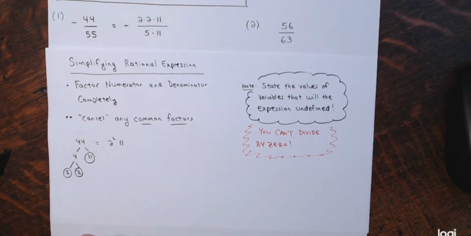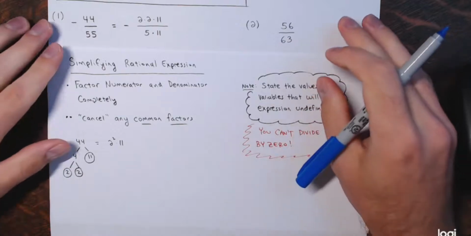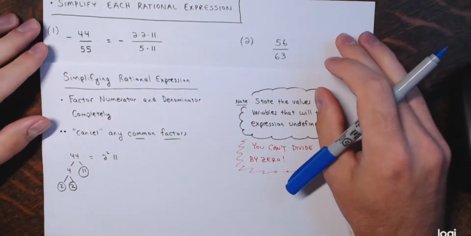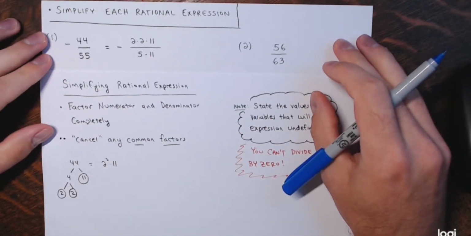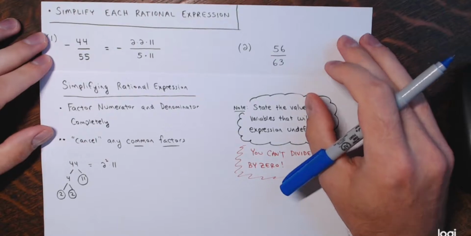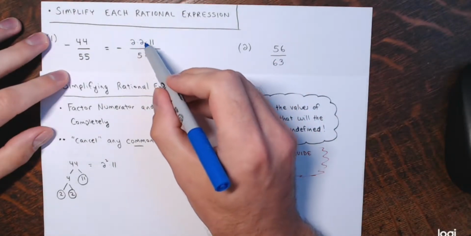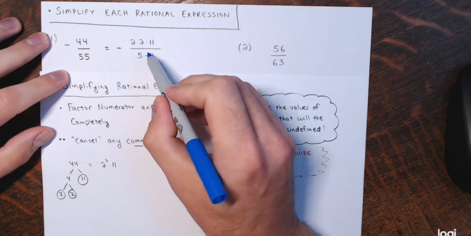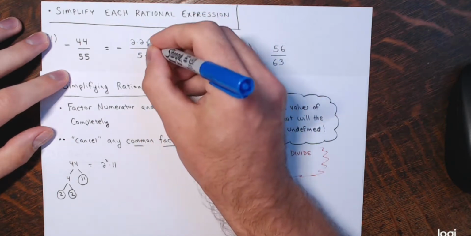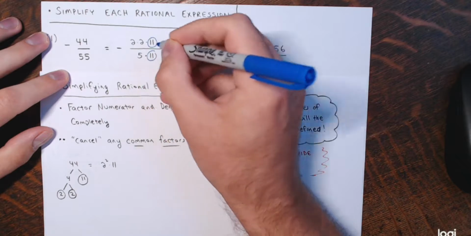And then here comes the cancellation of any common factors, or dividing common factors to be the number 1. Anything divided by itself is 1. So I look at the factors of the numerator, 2, 2, 11, and the factors of the denominator, 5 and 11, and they both have this common factor of 11.